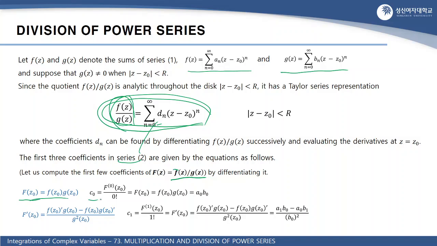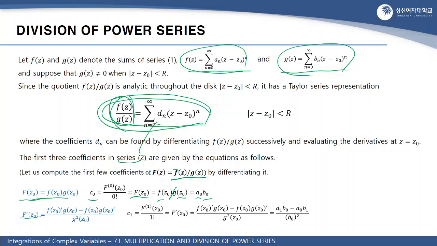So we get this for the coefficient c0. The zeroth derivative means just the original function, and 0 factorial is 1, so we get F(z0), which is exactly a0 divided by b0, because we consider this series expansion.